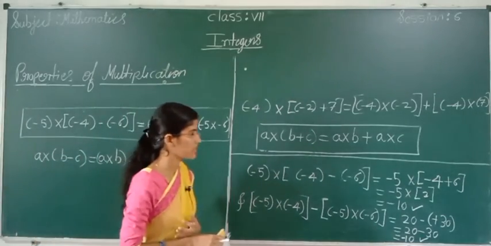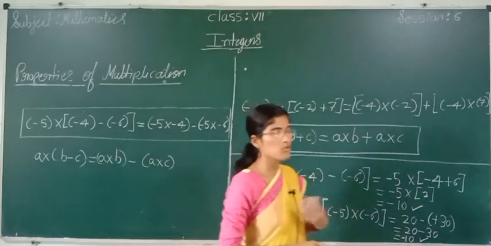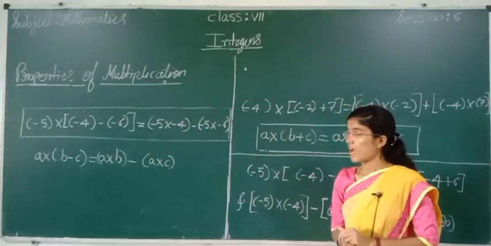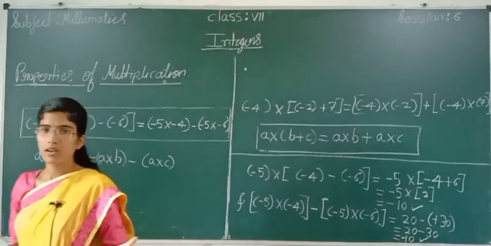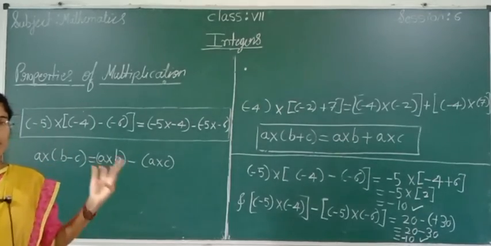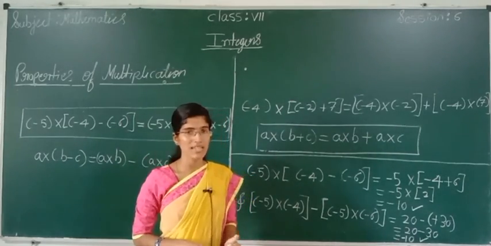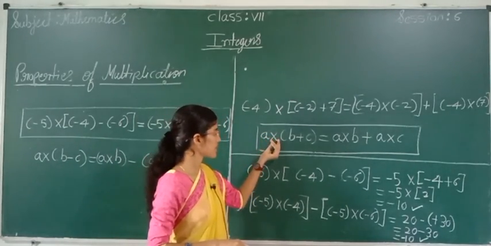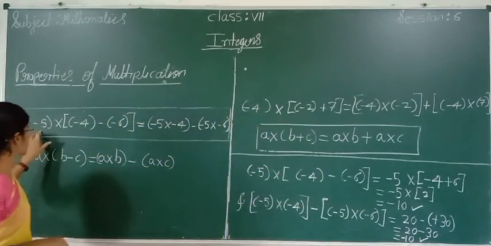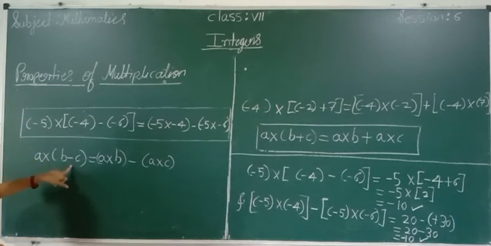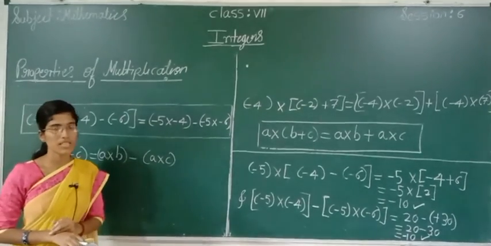In today's class we have learned how to multiply integers and what the properties of multiplication of integers are: closure property, commutative property, multiplication by 0, multiplication by 1, associative property and distributive property, that is, distributivity of multiplication over addition is true for integers, and distributivity of multiplication over subtraction is also true for integers. In the next class we are going to solve problems. See you in the next class. Thank you.